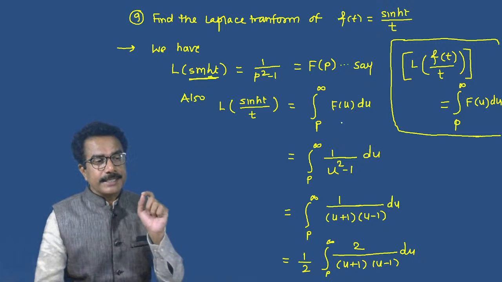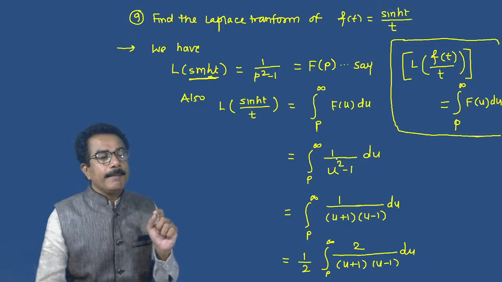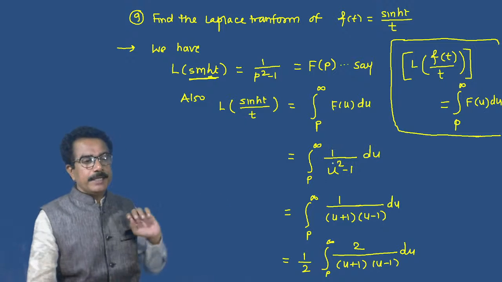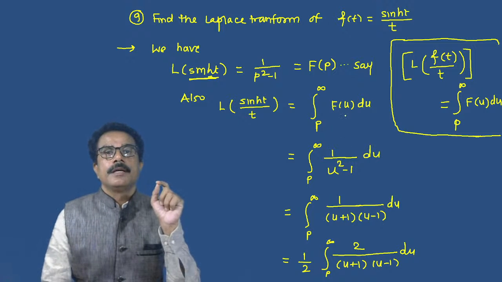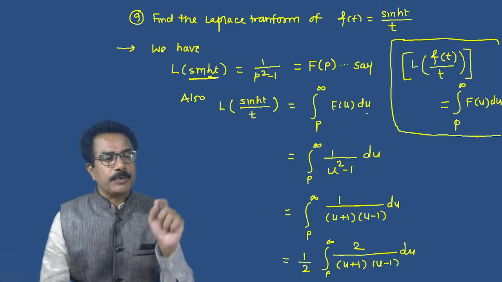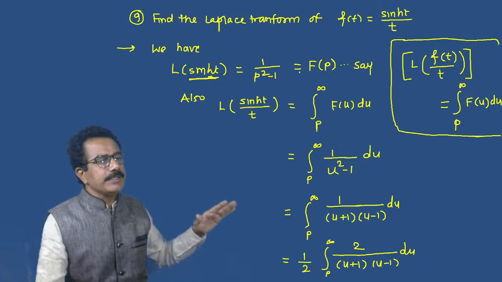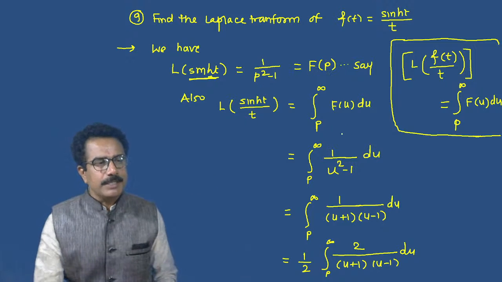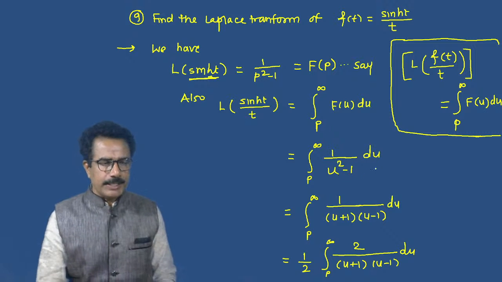You don't write in the form of capital F of p, means 1 upon p square minus 1, because its lower limit is p. So we have to change the variable of the function, that is capital F of u du. So compare this, capital F of p is equal to 1 upon p square minus 1. So capital F of u means 1 upon u square minus 1 du.